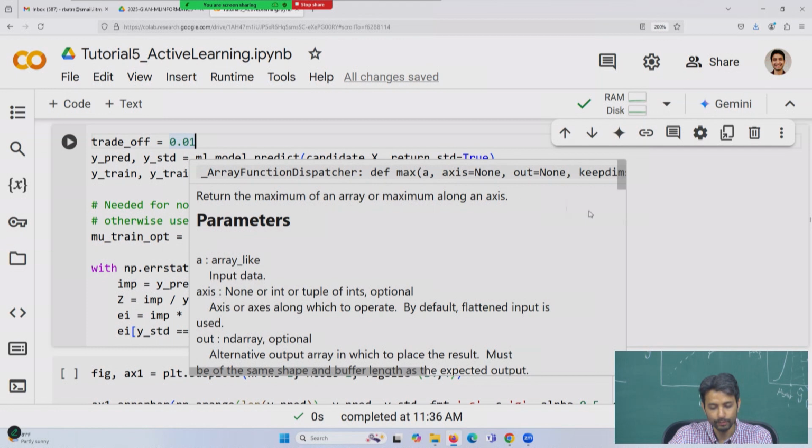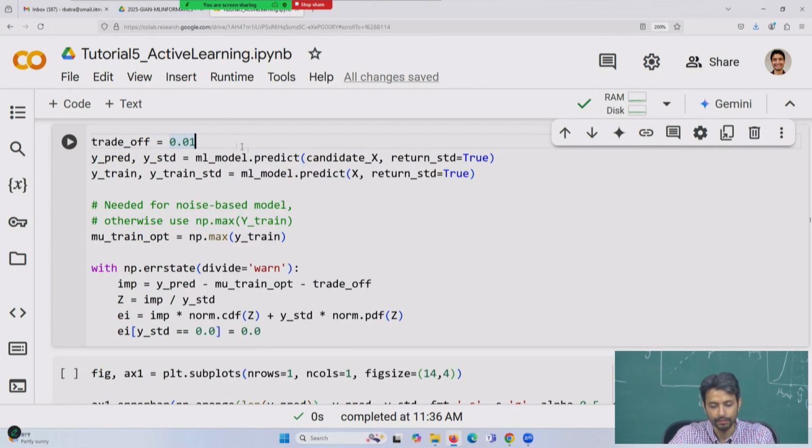So in this one, what is happening? I am doing model.predict on my entire candidate set. Basically, I get 1600 or so predictions along with their standard deviation, so the variance in prediction is there with me. I also do model.predict on the training data set just to get y-train and y-train standard deviation.